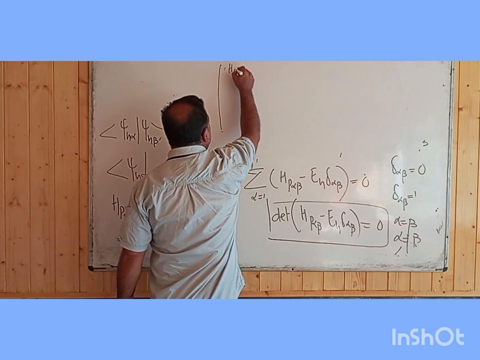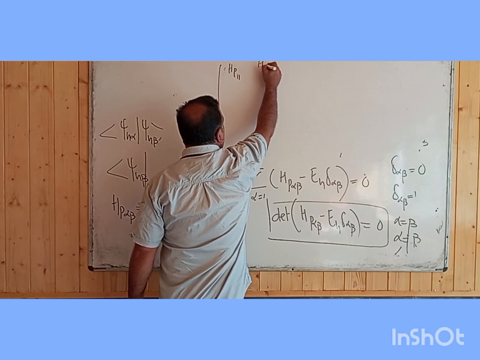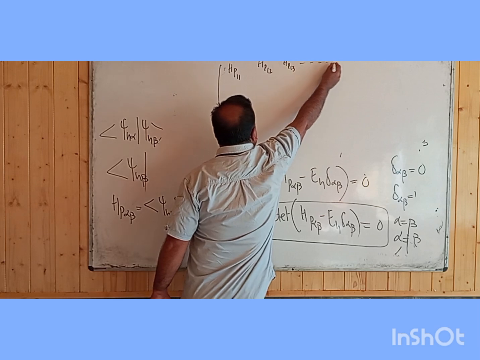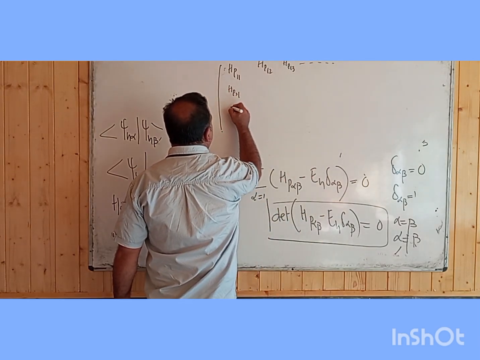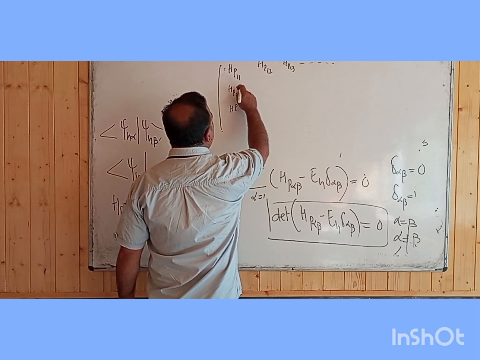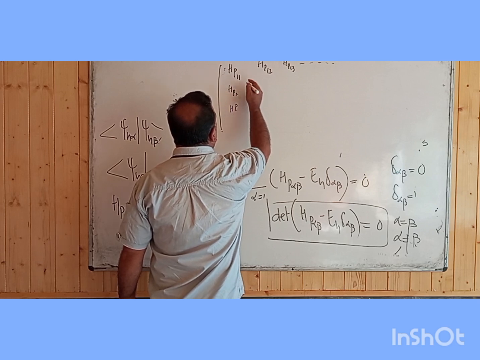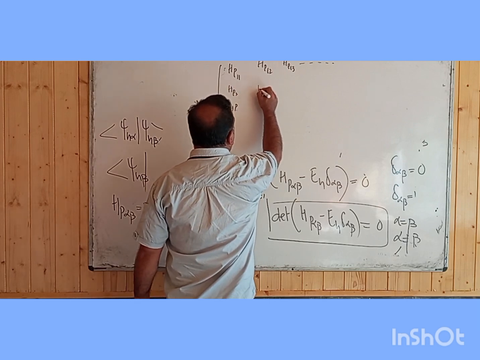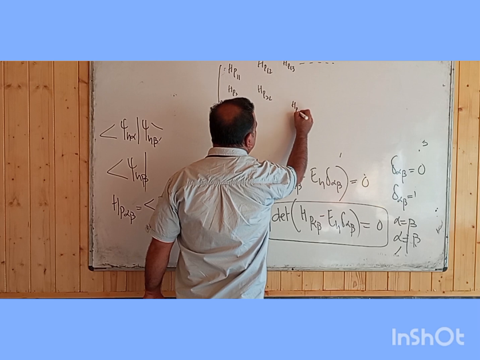It will look like this. This is my HP11, then you will have HP12, then HP13, and so on and so forth. Then you will have HP21, HP22, HP23, and then HP33.